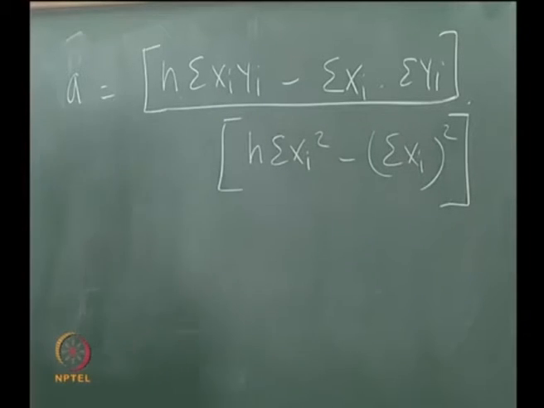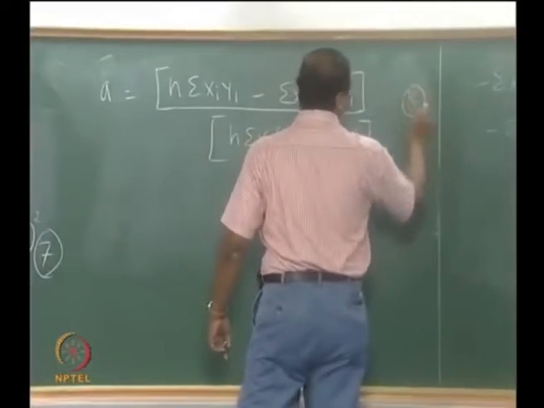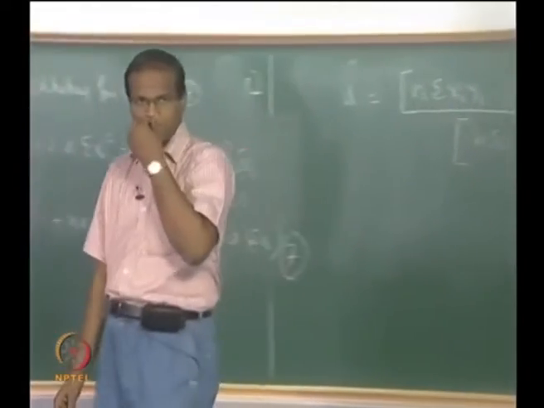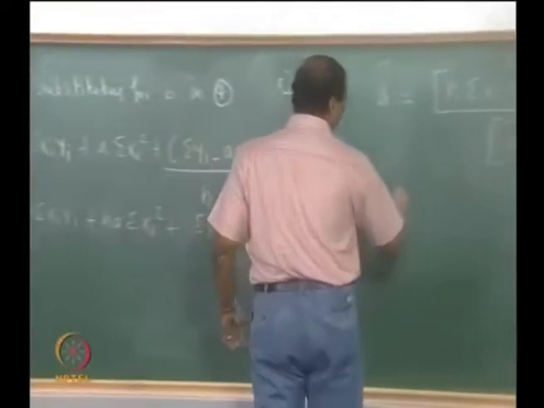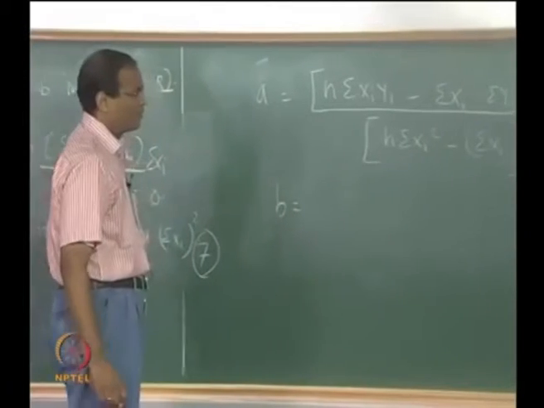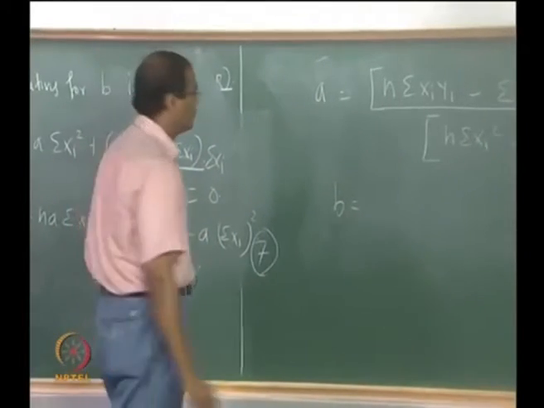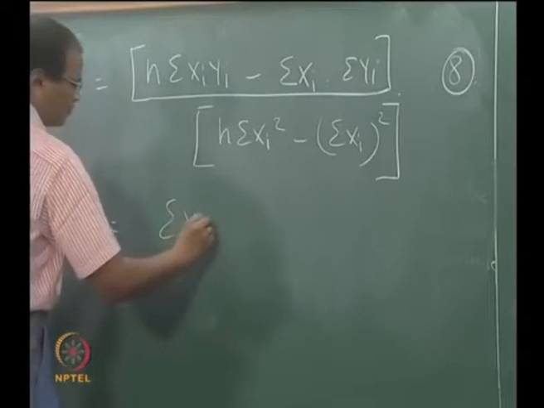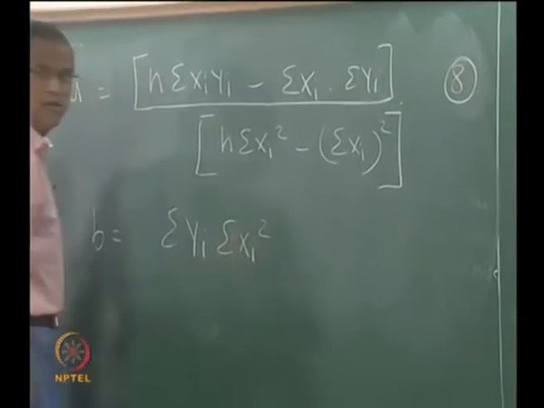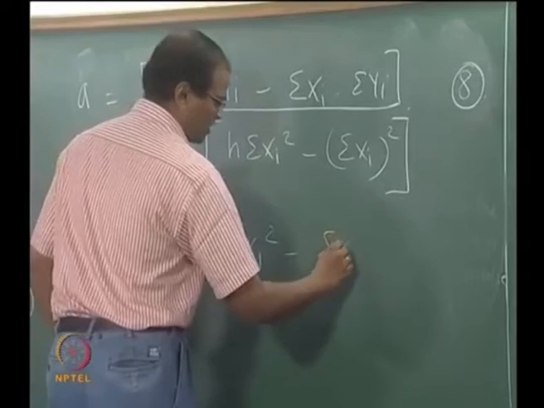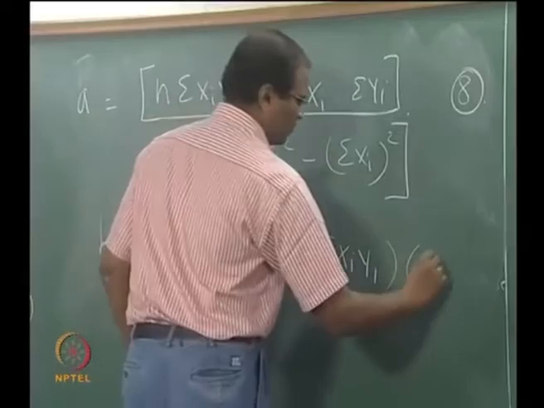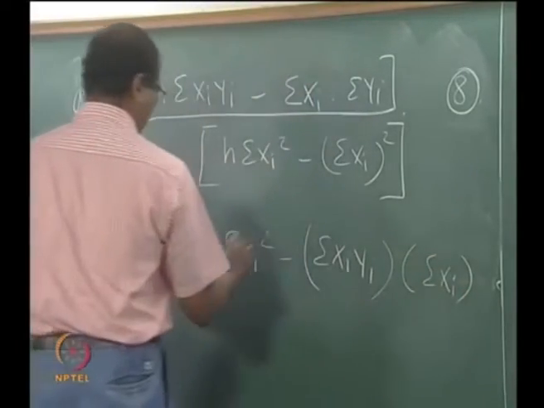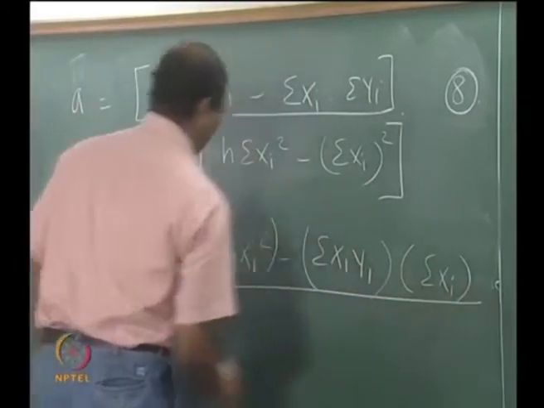Yeah, B equal to square minus sigma yi sigma xi square, minus sigma yi xi, huh? Into sigma xi by n sigma x square. N sigma x square, same thing.